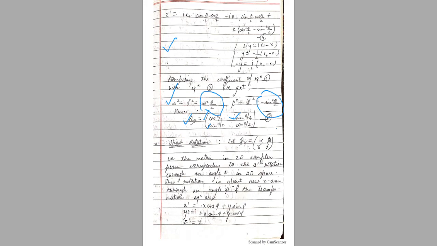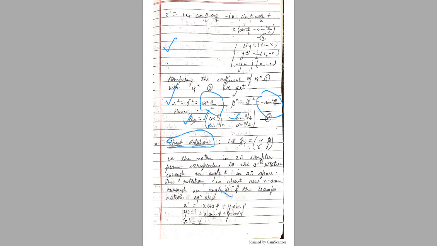Similarly, you can do the entire thing in the third rotation. We already know that in the third rotation, the new z axis we have obtained, we will rotate the entire coordinate axis along the new z axis by an angle psi.